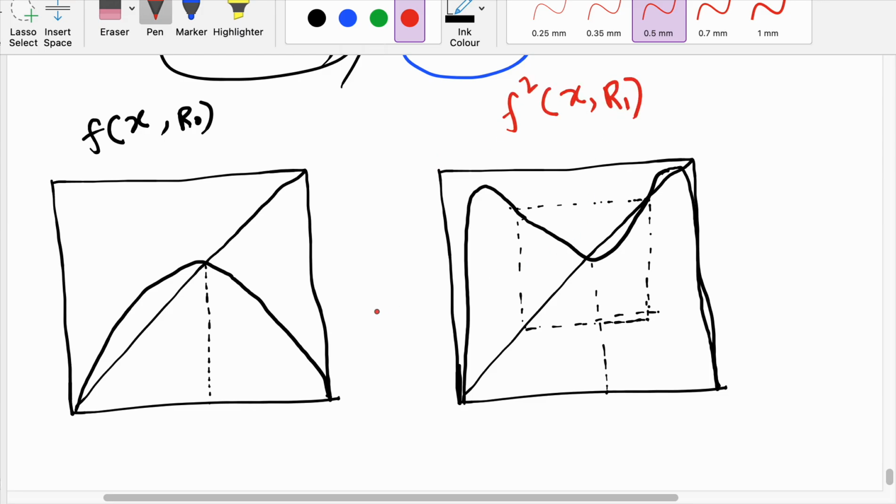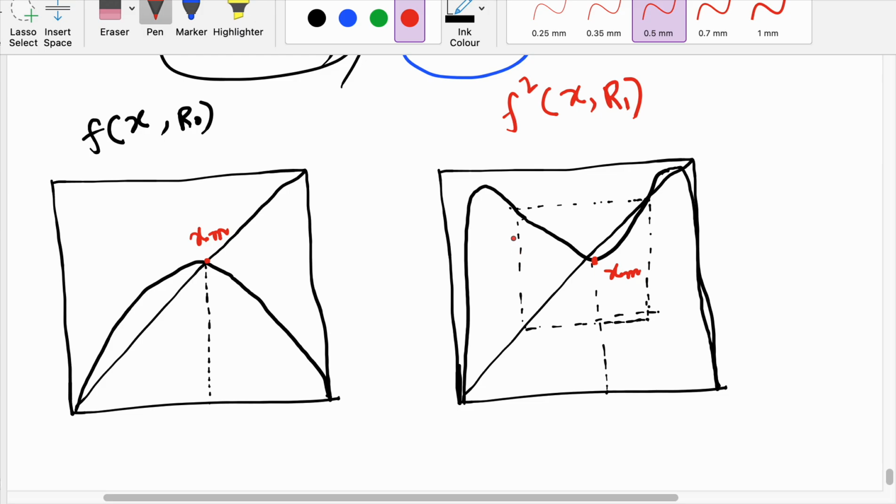You notice that since this is suppose xm, both of these contain this fixed point xm. So both of these orbits are superstable orbits, since both of them contain a point xm at which the tangent is parallel to the x-axis.